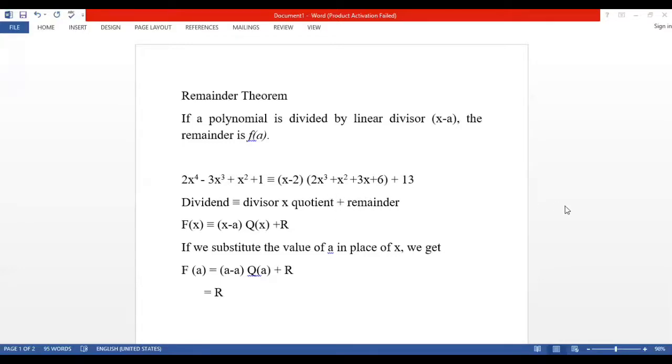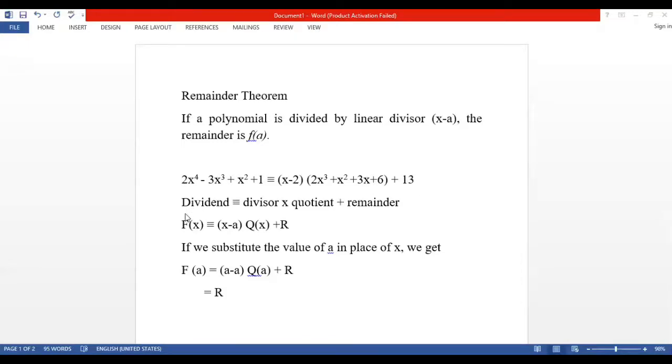We're going to look at a shorter method of determining any factor of the polynomial, and we are also going to determine the remainder, which is the leftover after the polynomial is divided by that particular factor.